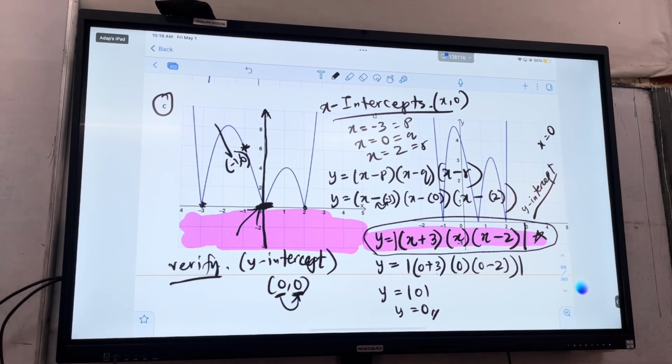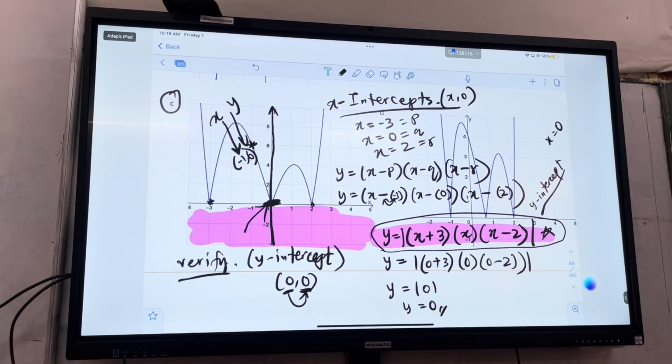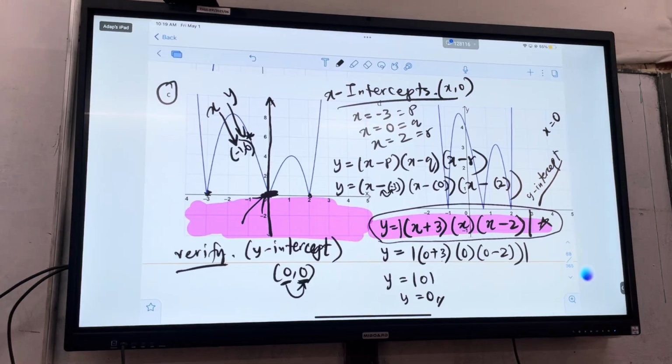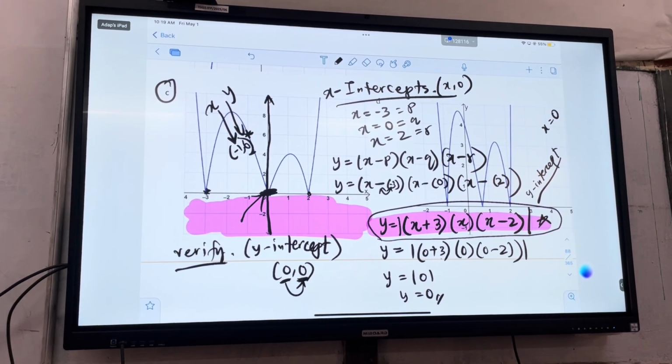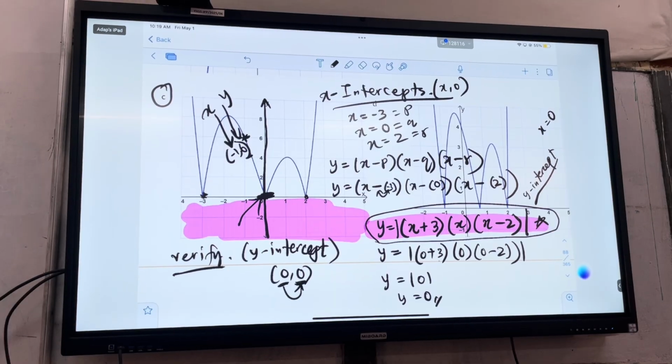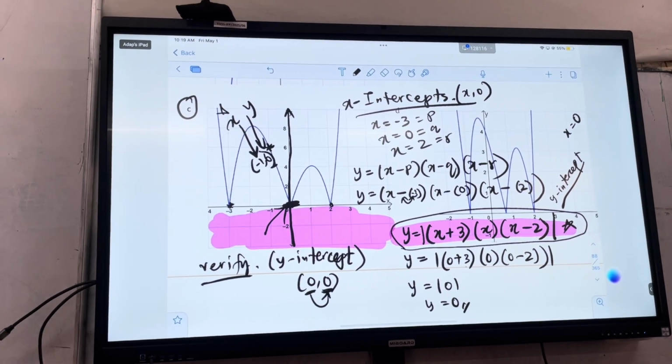So you can either replace x or you replace y, right? But you can replace only one. So when you replace x as negative 1, your answer should be 6. When you replace y as 6, your answer should be negative 1 for x, right? So I'll try to use x, okay?